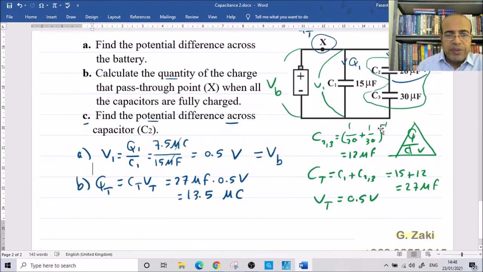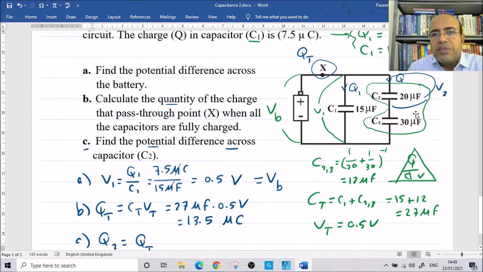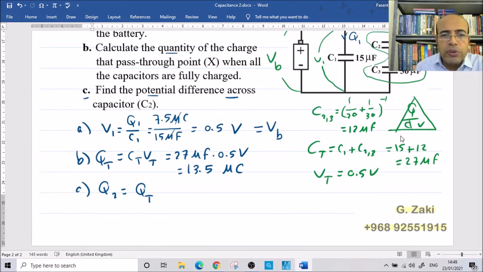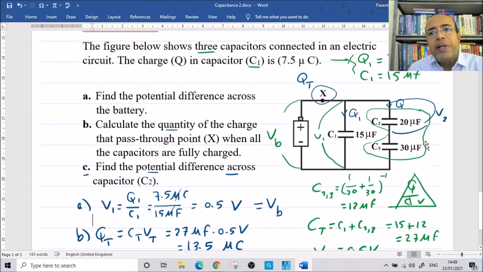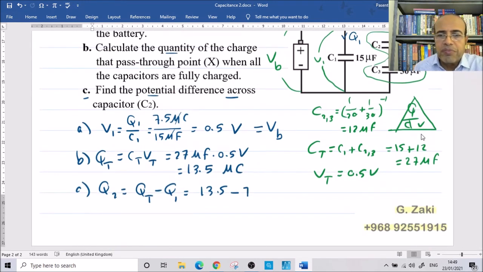Q2, the charge through capacitor C2, equals Q total through the point X minus Q1. So Q2 equals 13.5 microcoulomb minus Q1, which is given as 7.5 microcoulomb, so Q2 equals 6 microcoulomb.